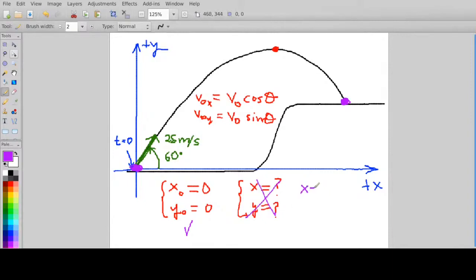So x is how far you move along the x-axis. If you read the problem, you don't know that. In fact, that's one of the questions: how far did it travel horizontally? So you don't know that value, so that's a question mark.